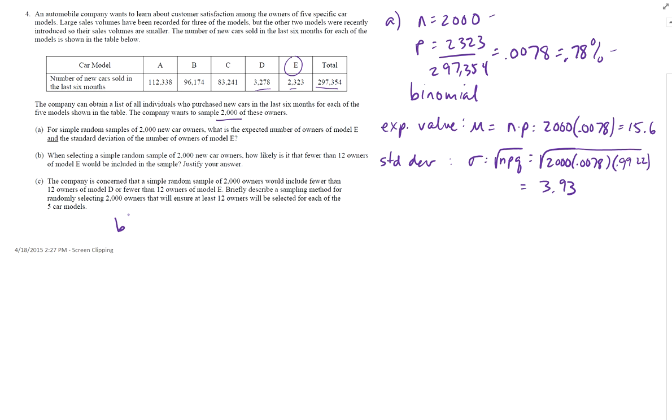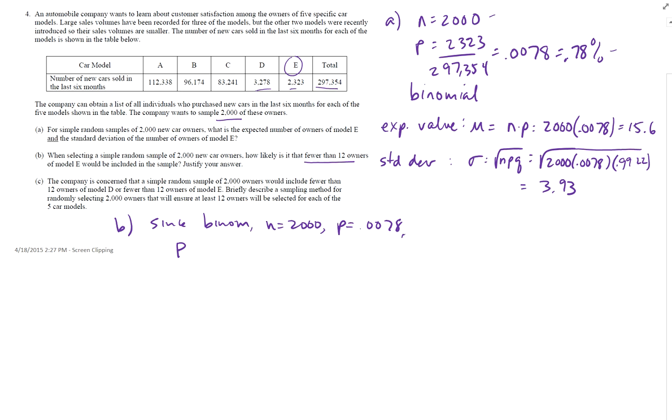B. When selecting a simple random sample, how likely is it that fewer than 12 owners would be included in the sample? Well, since this is binomial, n is 2,000, p is 0.0078.